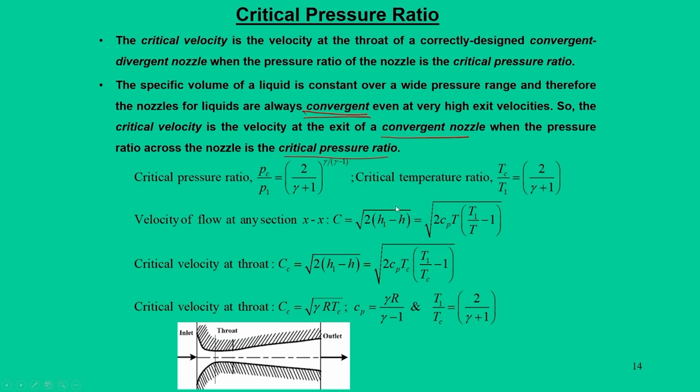We have already derived the expression for the velocity of the flow at any section x-x, that is C. Then from this we can find out the critical velocity at the throat by putting in the enthalpy term and neglecting C1, which goes to 0. Then we can find the critical velocity at the throat, considering the fact that Cp is equal to gamma R by gamma minus 1 and T by Tc is equal to 2 by gamma plus 1.